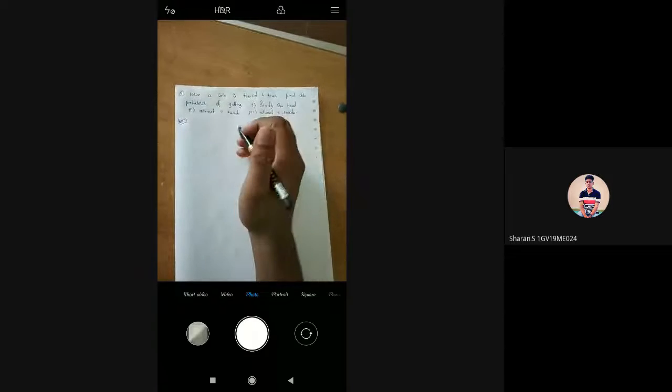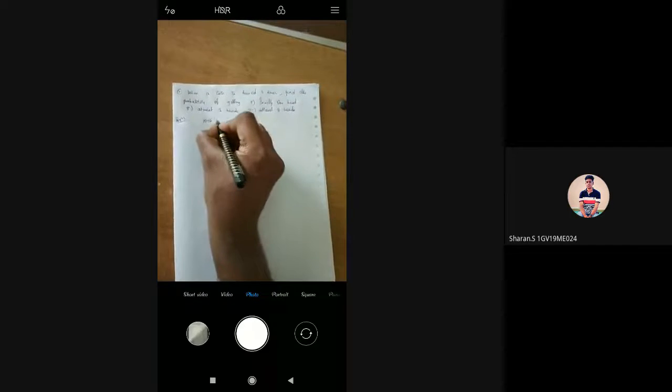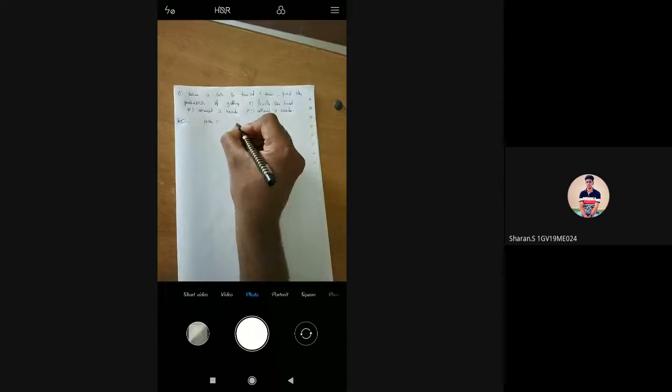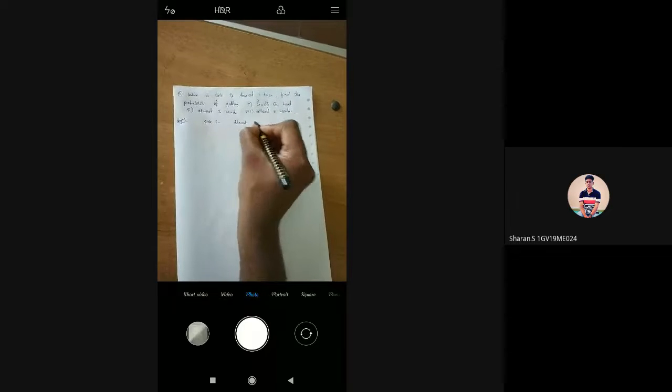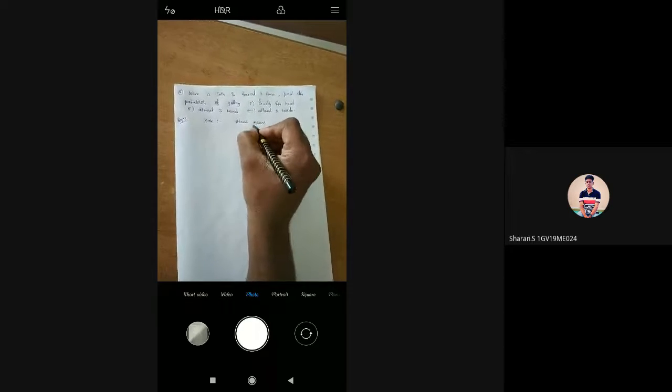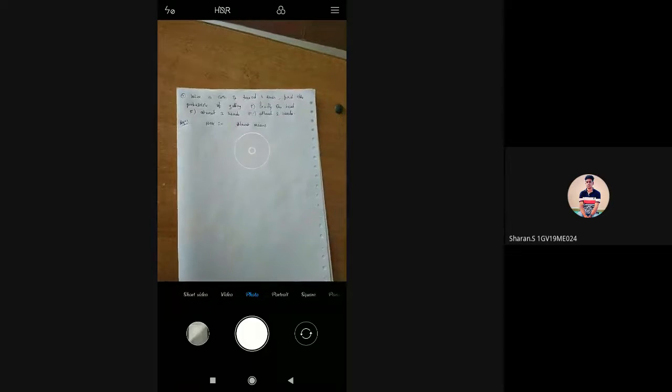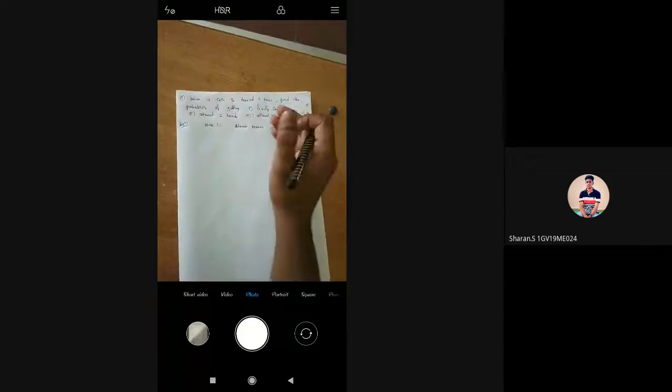How to represent at least and at most is a very, very important note. At most, I can give an example. Suppose he has 100 rupees at most, that means that is the maximum amount he can carry, not more than that.